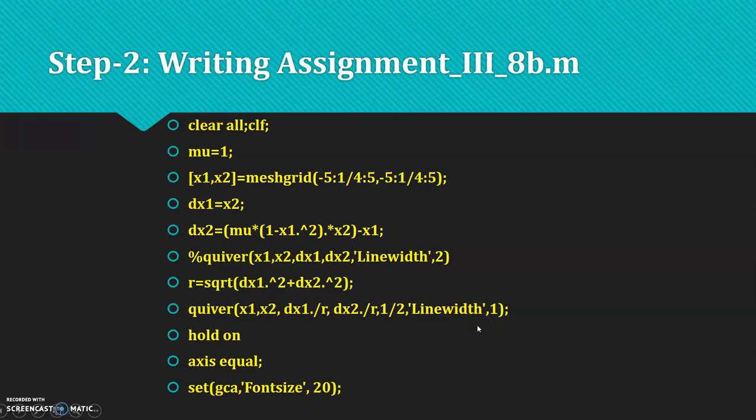Those who are interested and have MATLAB or Octave can try out this command also to check the difference between the two. And as you can see, I have used the gca command here itself.